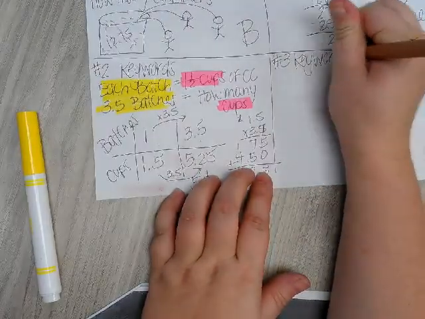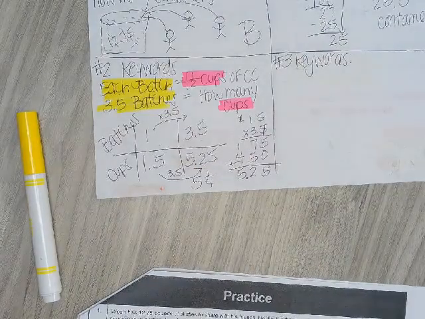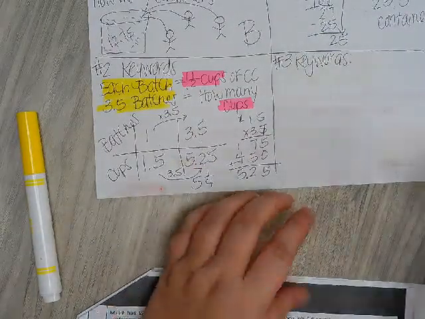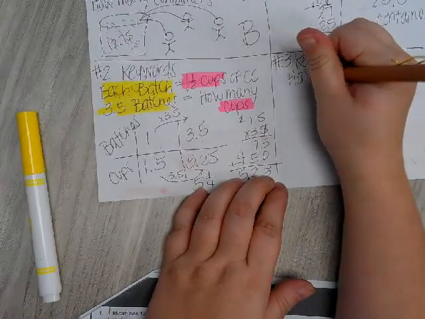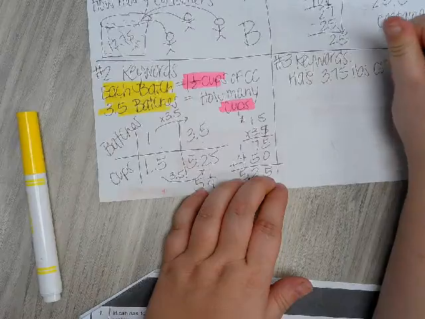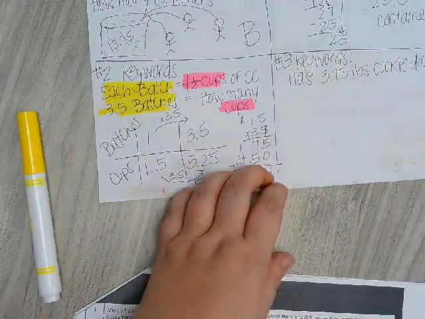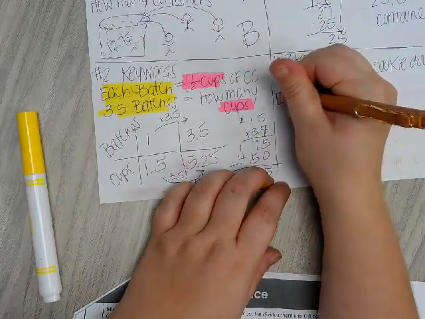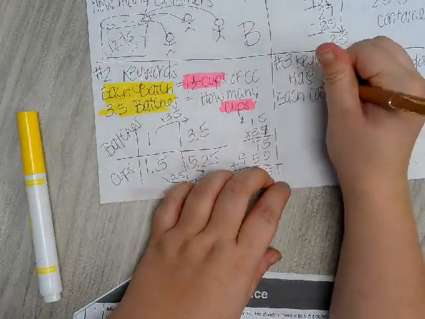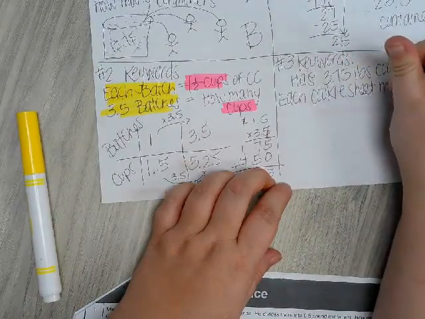Okay, Jade has 3.75 pounds of cookie dough. Each cookie sheet holds 5/8 pounds.